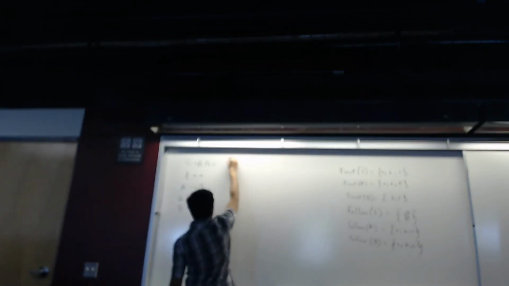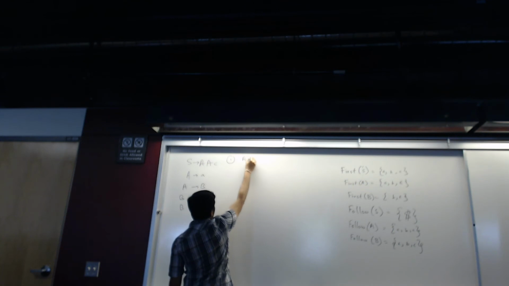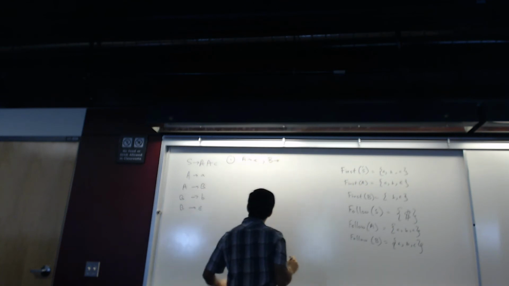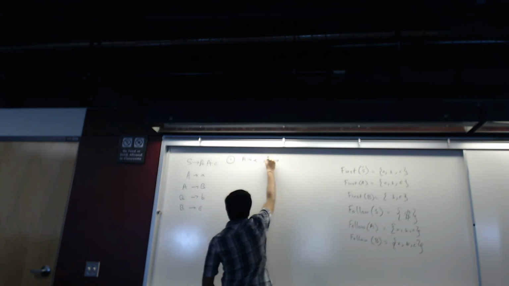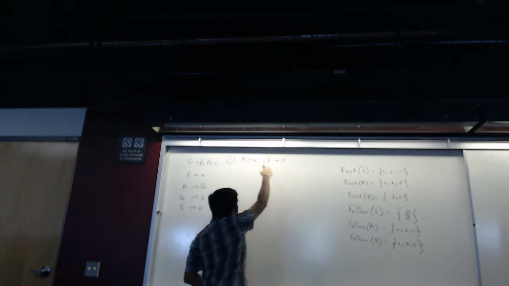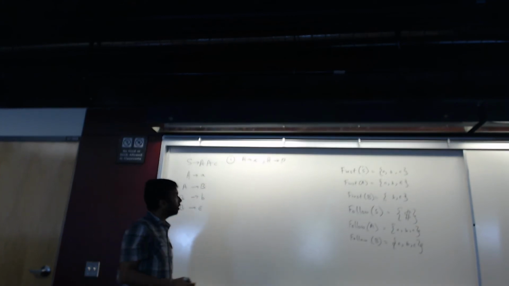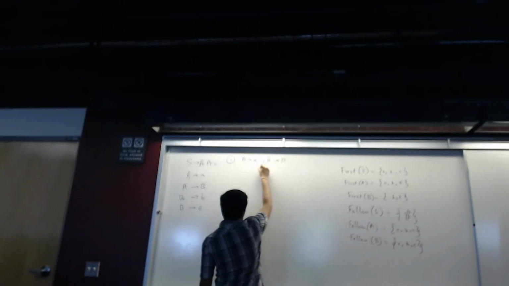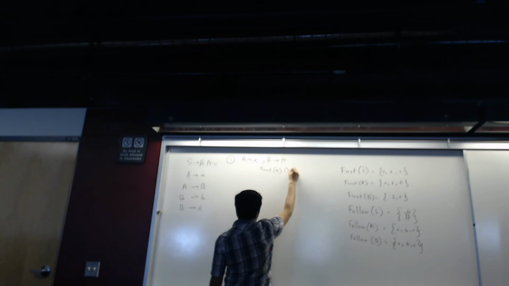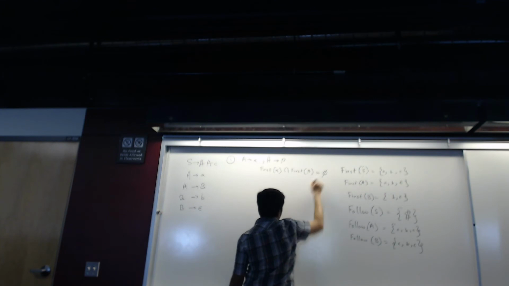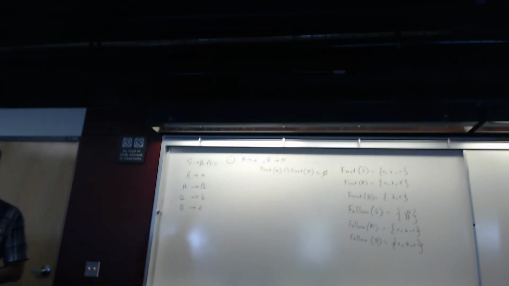The first rule says that if there are 2 production rules of the form A goes to alpha and A goes to beta. And remember, these alpha beta are sequences of non-terminals, terminals, and the empty string. Right? So if that is the case, then we should have first of alpha intersect first of beta equals the empty set.